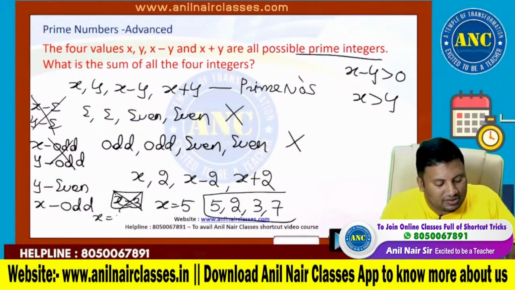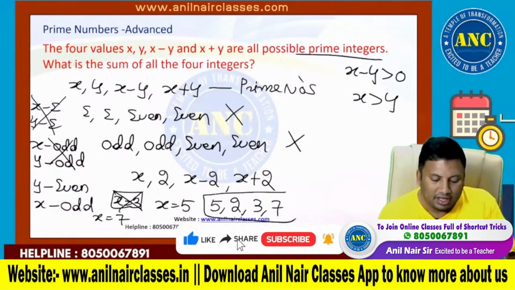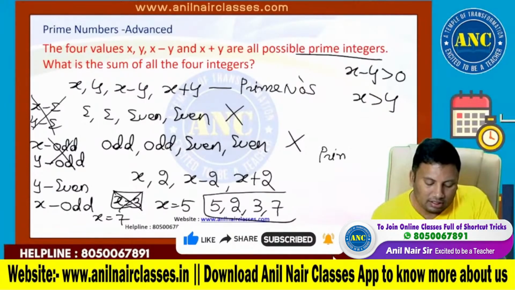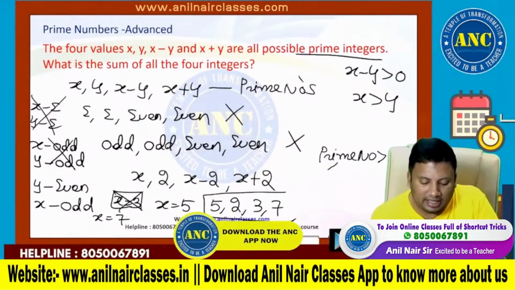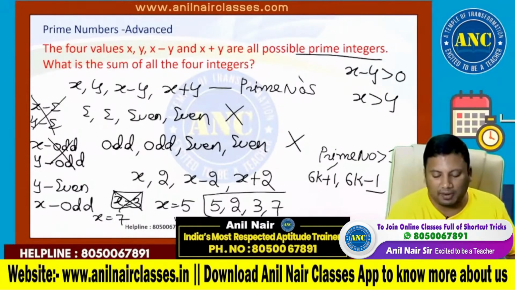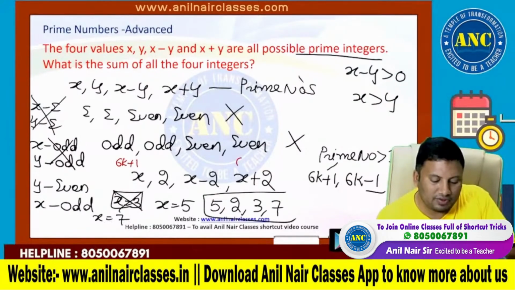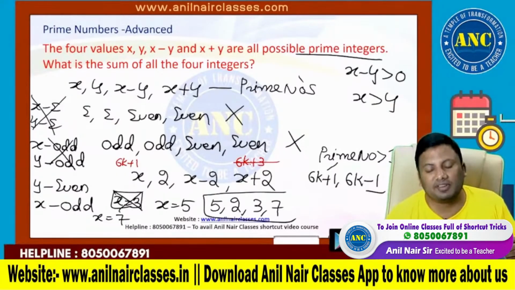Suppose I take x value 7. Now any prime number greater than 3 can be taken as 6k plus 1 or 6k minus 1. After 5, if I take 6k plus 1, then one of the numbers becomes 6k plus 3, which is divisible by 3.